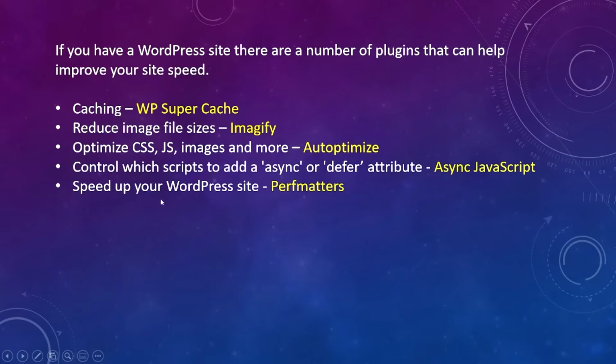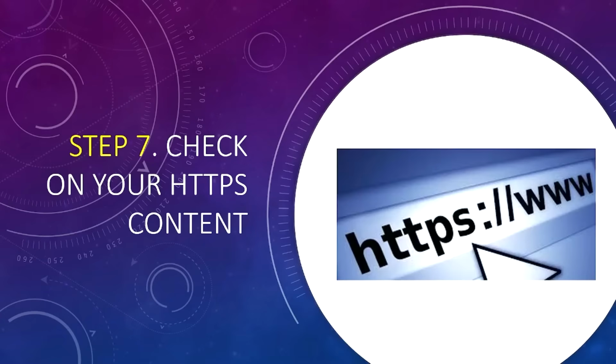And to speed up your WordPress site, I use a paid plugin called Perfmatters. It's very, very good. So those are the ones I use to help speed up websites, for my own and for client websites.